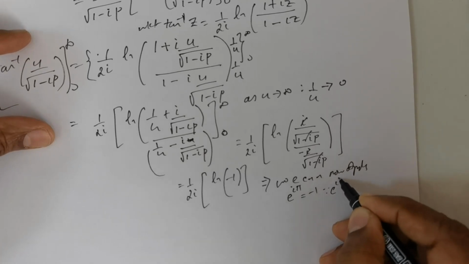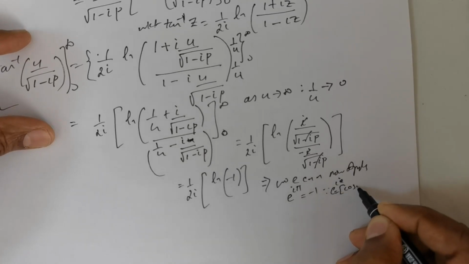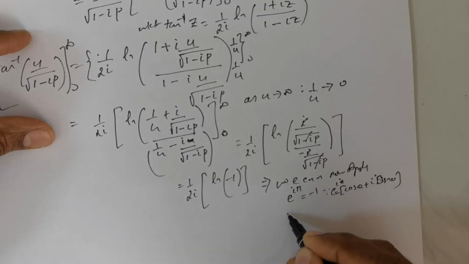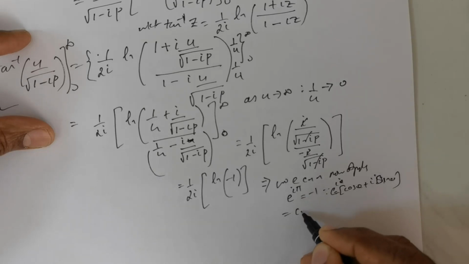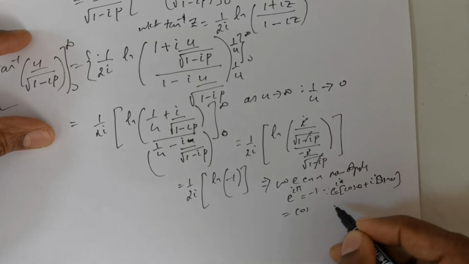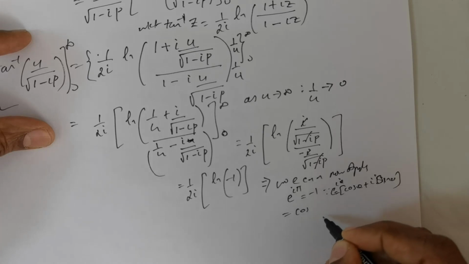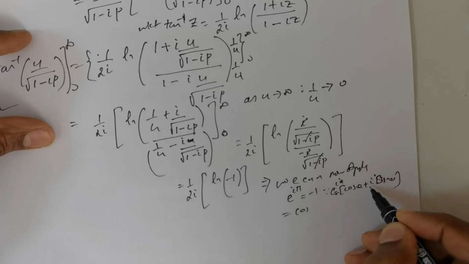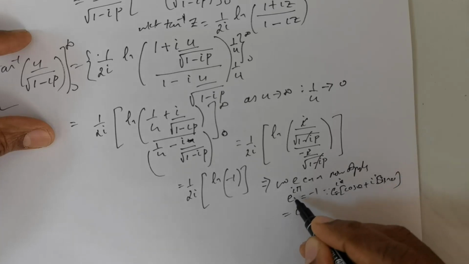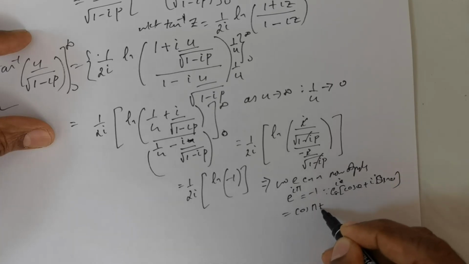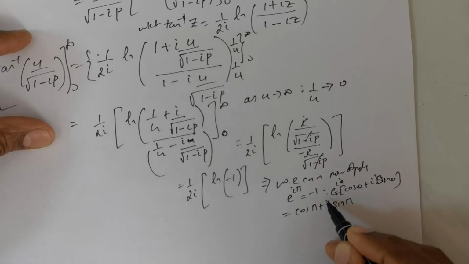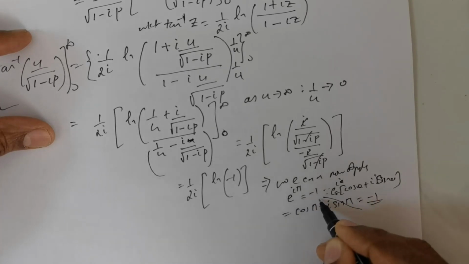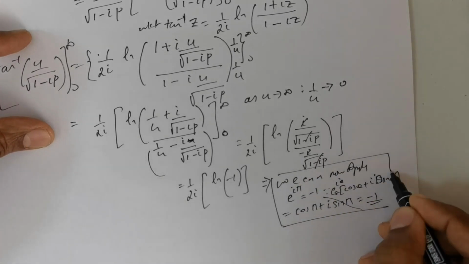Because e raised to the power of i theta is equal to cos theta plus i times sin theta. So e raised to the power of i pi is going to be cos pi plus i times sin pi. Sin pi is 0. Cos pi is negative 1. So that's why e raised to the power of i pi is negative 1. This is from complex analysis.